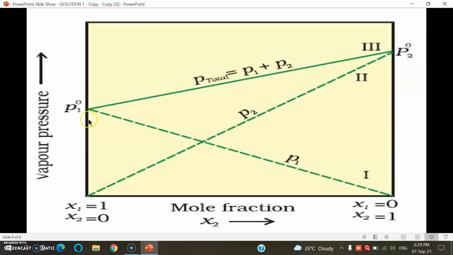Okay, now as X2 is added from this region to here, that is the mole fraction of X2 increases from 0 to 1, so there is a decrease in the vapor pressure of the solvent. This is the decrease in the vapor pressure of the solute.